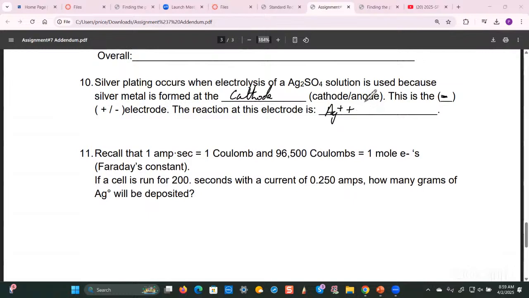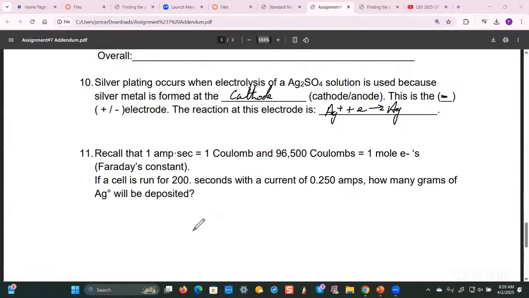No. SO4 2 minus will go to the anode because it's negatively charged. The question is asking what's the reduction half reaction that would take place at the cathode. Silver ion plus an electron, and that would give you silver. So that would be the equation that would take place at the cathode. All right?